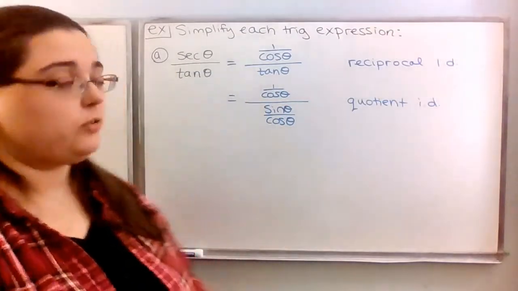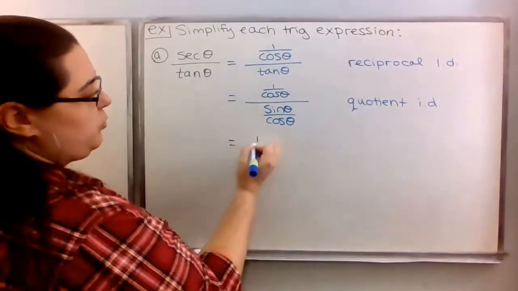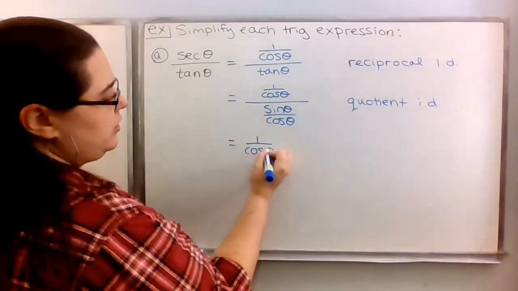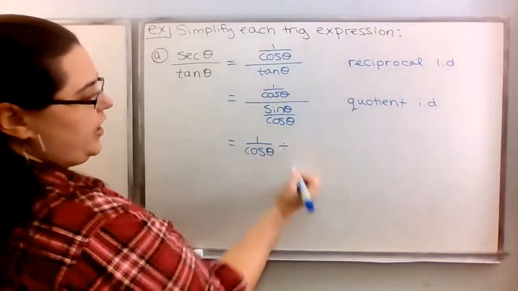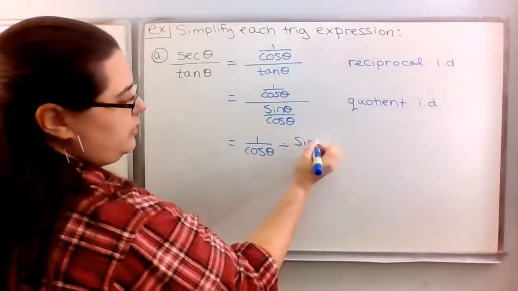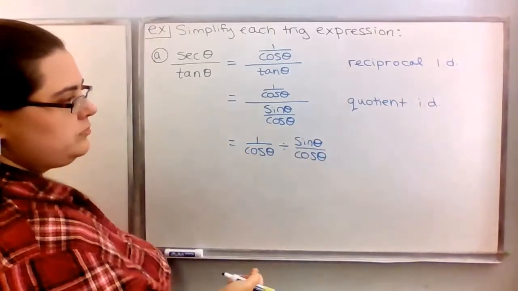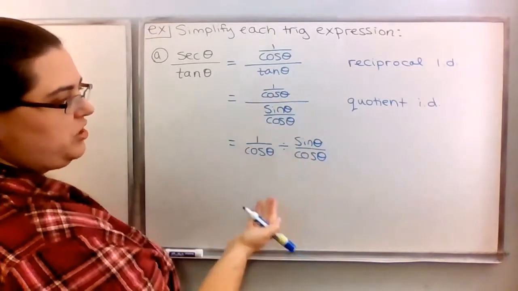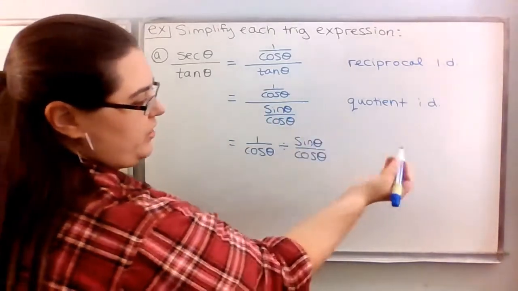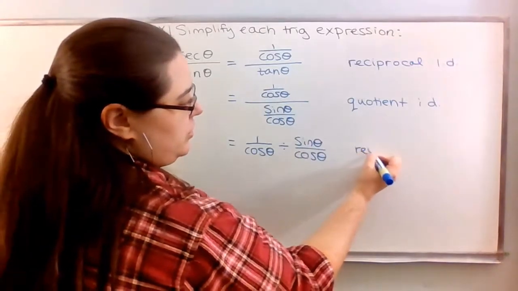If anything, we'll cancel out. So this is going to be 1 over cosine of theta divided by sine theta over cosine theta. And that's just rewriting a fraction as division.